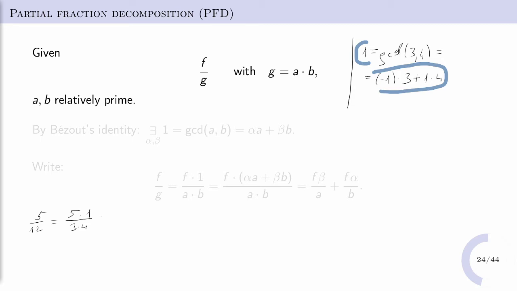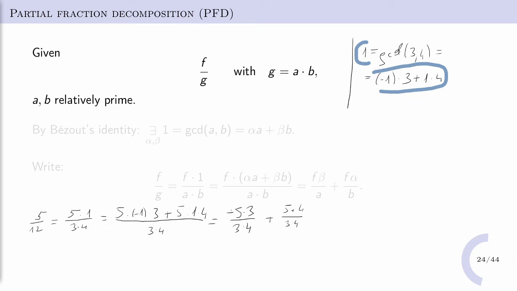So we can write it as 5 times minus 1 times 3 plus 5 times 1 times 4 over 3 times 4. Now we can decompose this fraction into a sum of two fractions. So this is minus 5 times 3 over 3 times 4 plus 5 times 4 over 3 times 4.